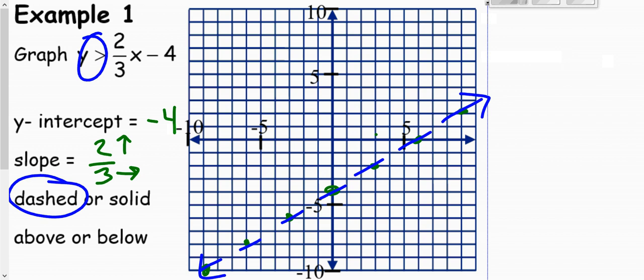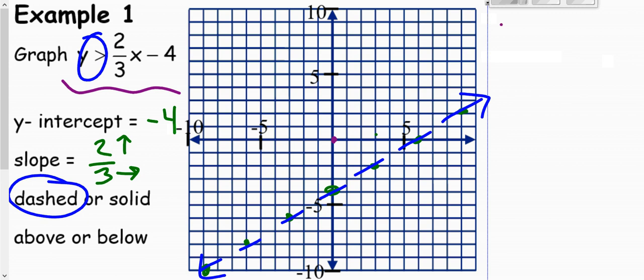And then here's the sometimes tricky part. I want you to pick a spot somewhere on your graph. Let's pick the point 0, 0. Do you see how that point is above our line? We're going to test it with our inequality to see if it satisfies that inequality.